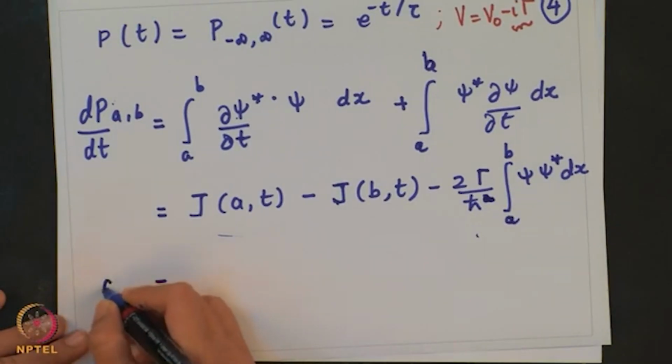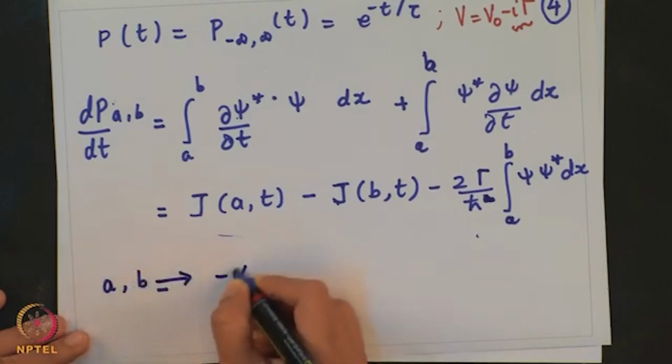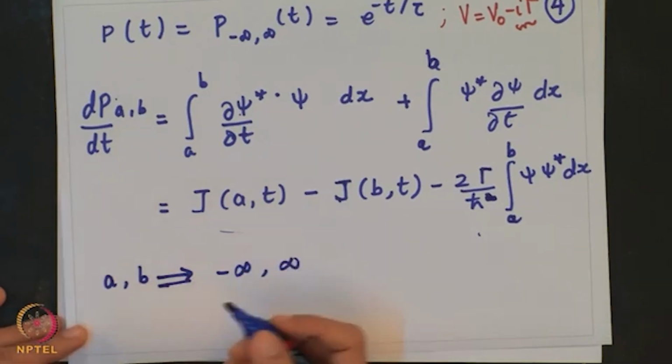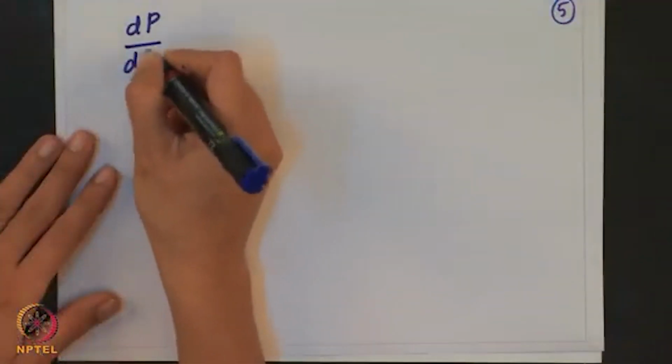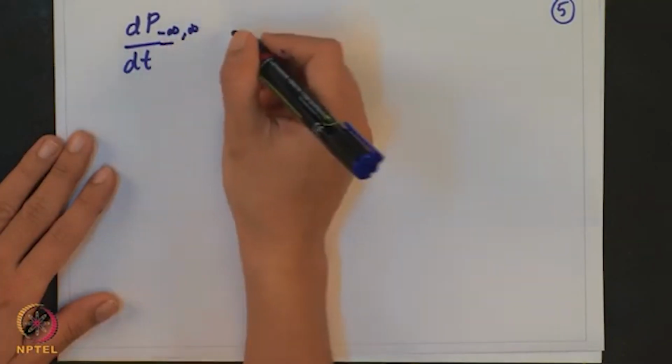Now, we will replace a and b by minus infinity and infinity. When we replace this by minus infinity and infinity, what I obtain is dP by dt at minus and plus infinity.